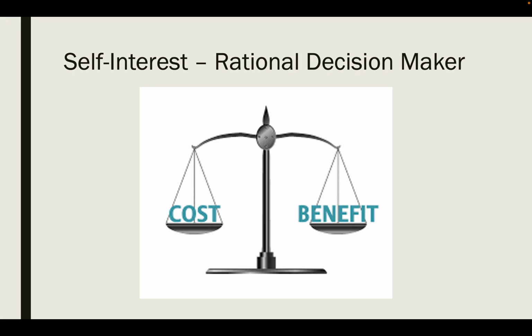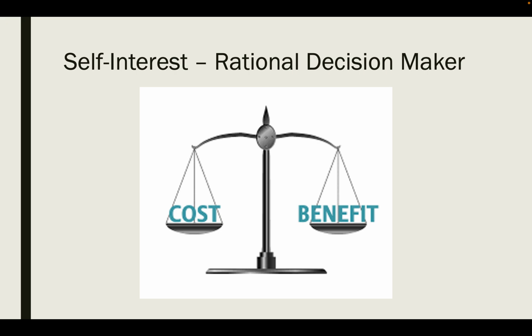And so people do things up until the point where it doesn't make sense cost-wise. Your benefit has to outweigh your cost, or you're not going to do something. And what I need for you to understand is this is relative and it may differ from person to person. So even the same decision that's being made, people can make different decisions because their costs and their benefits look different to them.